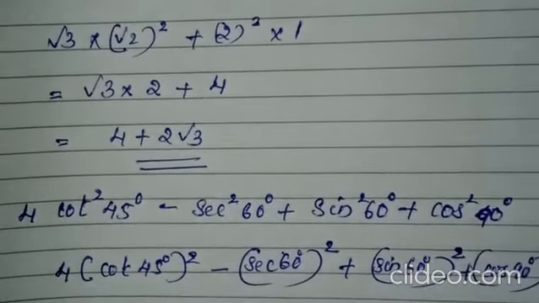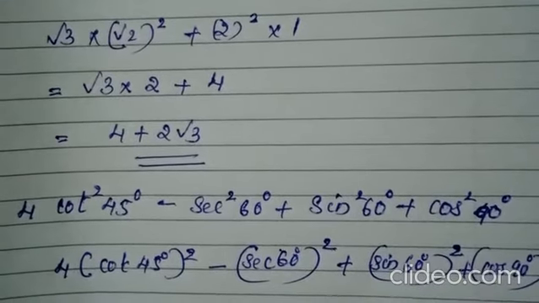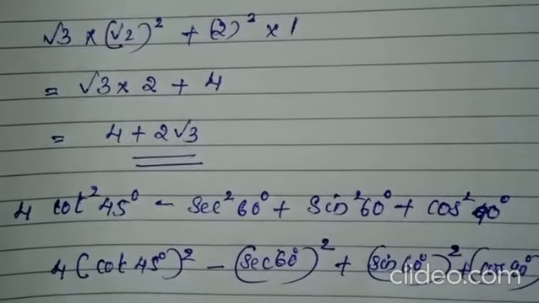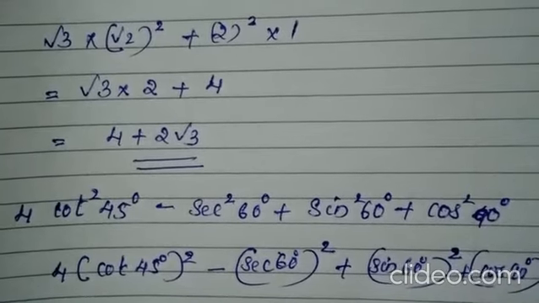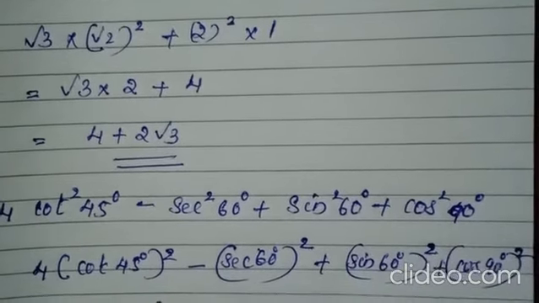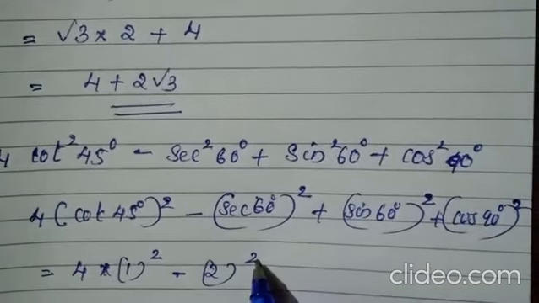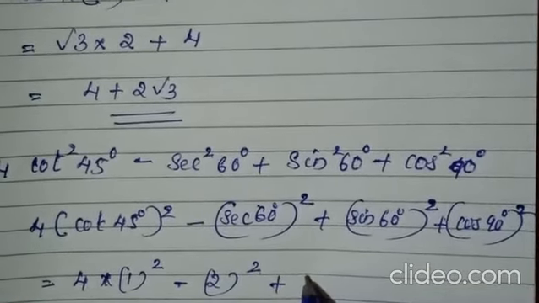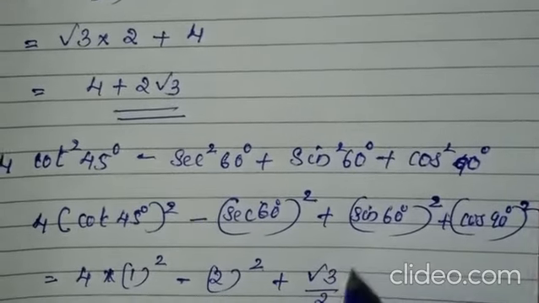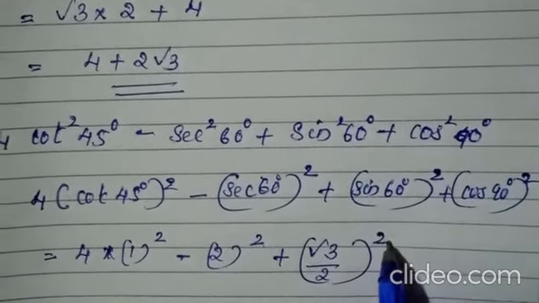Okay. So, 4 into cot 45 degree the whole square. So, 4 into 1 the whole square. Is it? Minus sec 60 is 2, the whole square, plus sin 60 is root 3 by 2 the whole square. Is it?